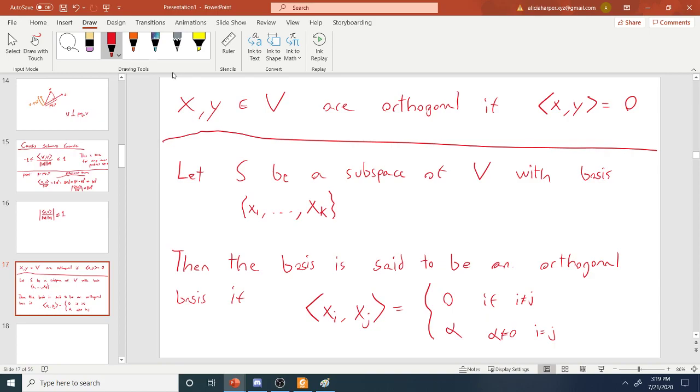So an orthogonal basis is such that if you take any two elements of the basis pairwise and take their inner product, the inner product will be 0 unless they're the same element. And if they're the same element, then you'll get some non-zero number.